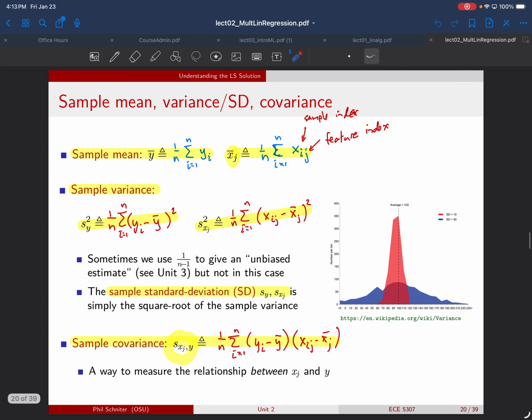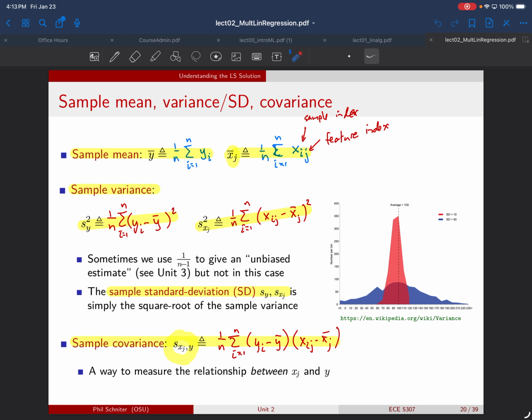And so to start with this, we need to understand what these sample statistics are, and how they are defined and notated. We started with some basic ideas of scalar variables. Since our targets are just scalar variables, if you have n targets y1 through yn, and you average that list of numbers, you get what's called the sample mean, which we will denote by y bar.